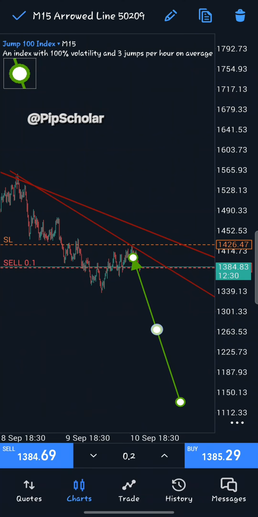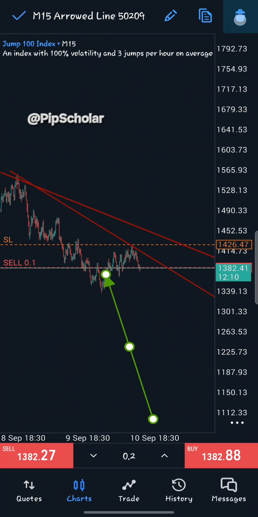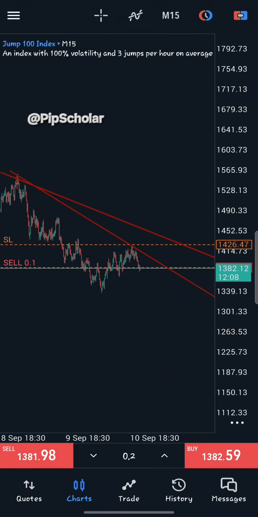Now you can see there is a pattern here, an M pattern. If you go to the lower time frame, we see it clearly. That is another strong confirmation why I took the trade. This trade will be falling down, so we have two confirmations: the trend line, market direction, and the sharp pattern here.